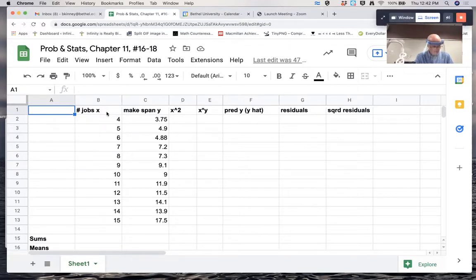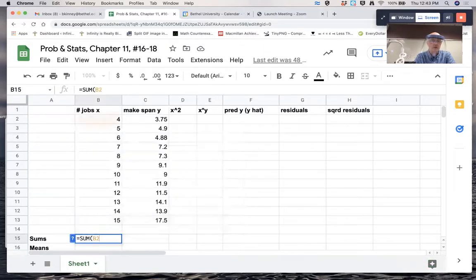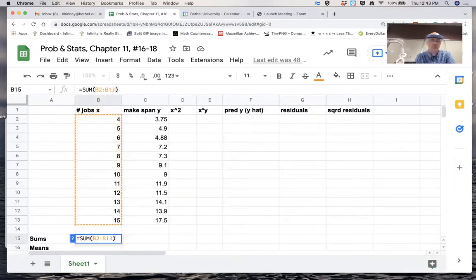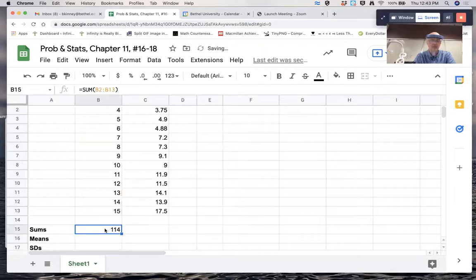So this is the problem about the jobs. X is the number of jobs, Y is the makespan, which is the amount of time from starting the first job to finishing the last job. They don't say what the units for Y are. It could be hours or something. Do the sums. 12 numbers, N is 12.